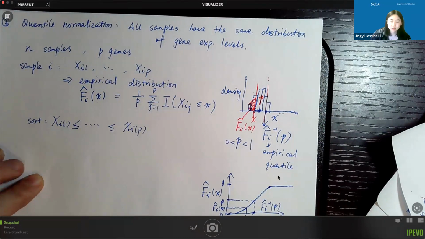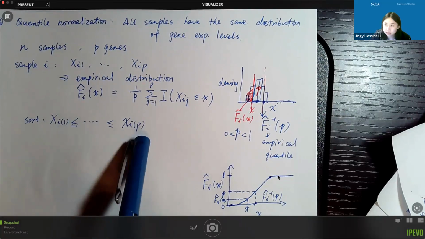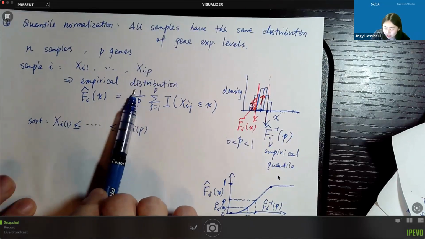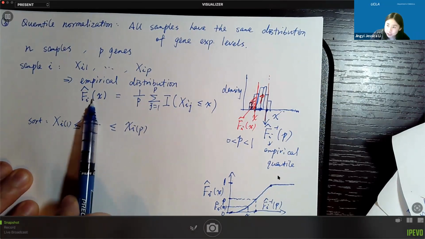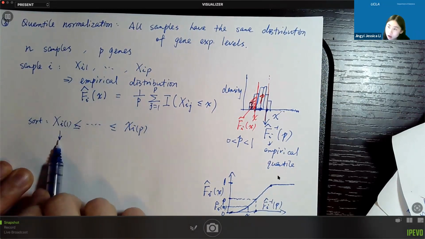We use this lower sub-index with parentheses to mean the sorted values. After the sorting, I know this is the minimum, this is the maximum. And in the empirical distribution, each of them corresponds to one left tail probability. So this is the quantile of probability 1 over p.